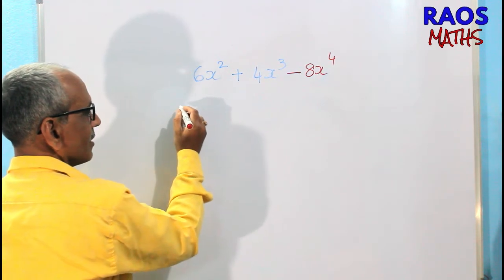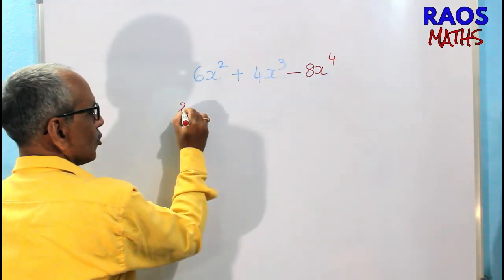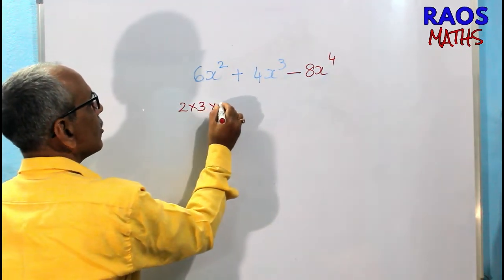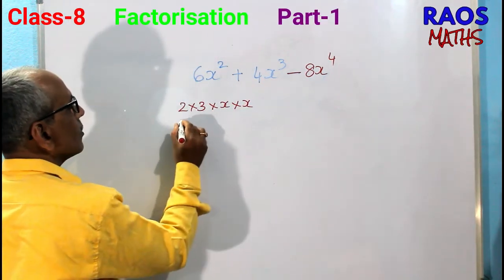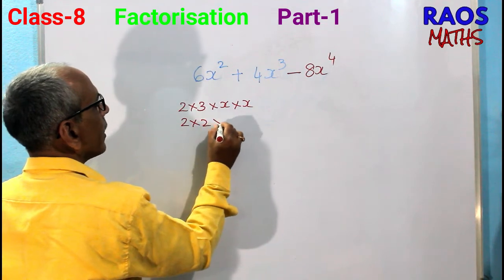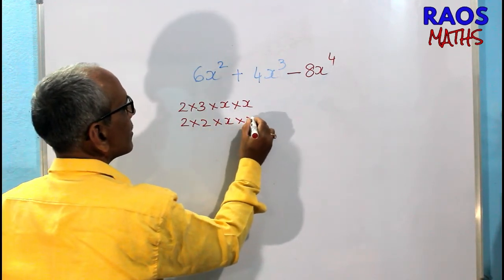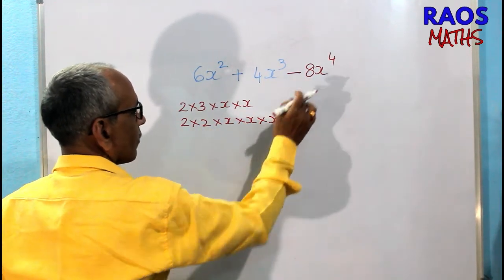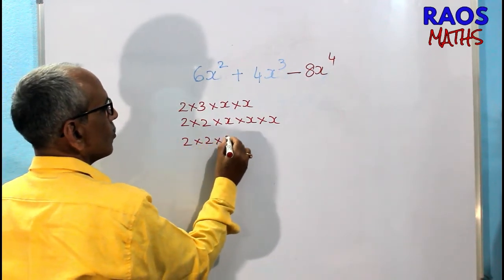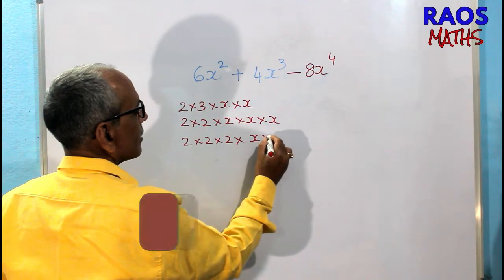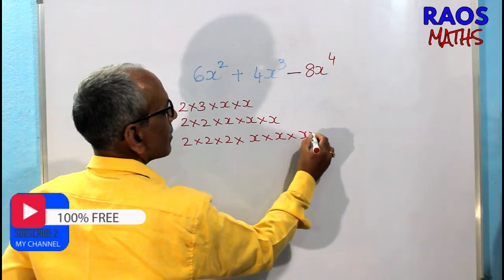What are the factors of 6? 2 into 3 into x into x. Correct. And for 4x cube, 2 into 2 into x into x into x. And for 8x power 4, 2 into 2 into 2 into x into x into x into x.